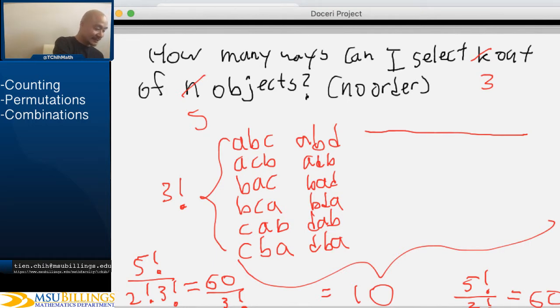And so if instead I go back to n and k, what I should get as a final result then is n factorial, the 2 is n minus k factorial, and the 3 is k. Right?